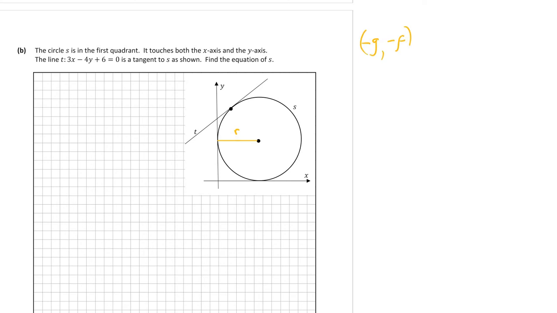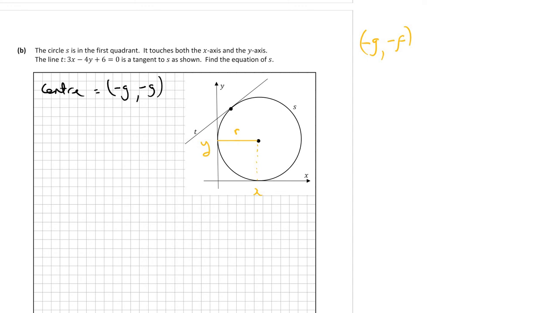And in this circle, if we just look at the x coordinate and the y coordinate, well, as it's touching both axes, the x coordinate here could be minus g, but the y coordinate would be the same distance. So essentially g is equal to f. So we can call the center here minus g, minus g, because it's the same distance across. They're both touching the axis.